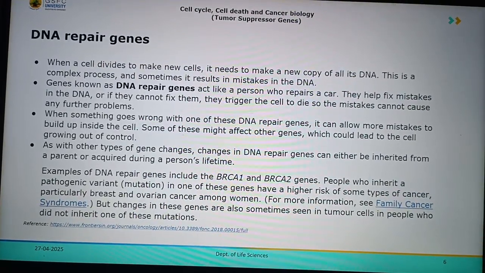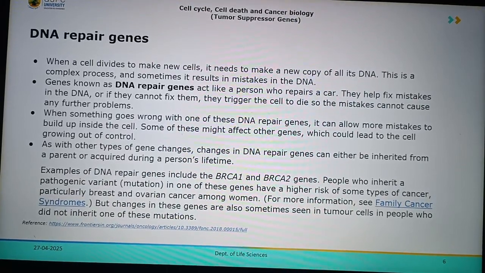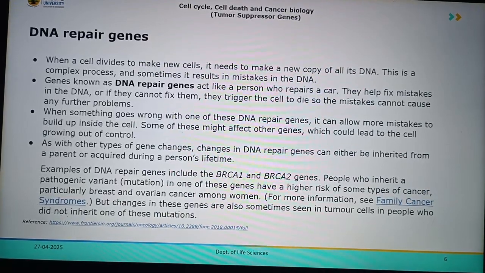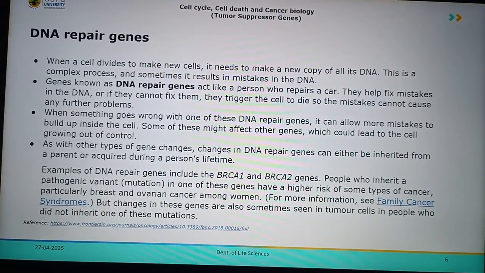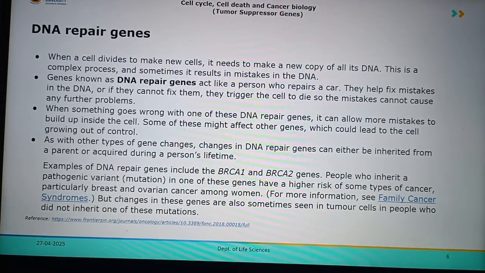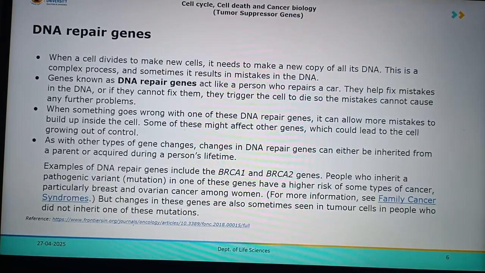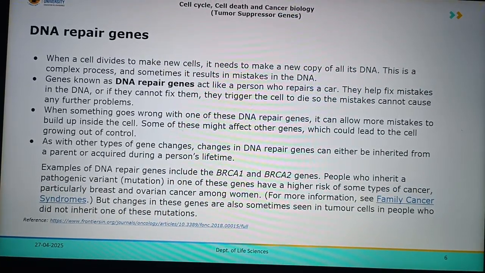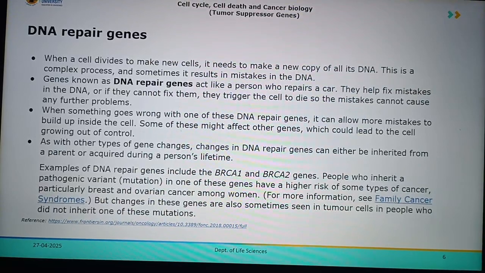As with other types of genes, changes in DNA repair genes can either be inherited or acquired during a person's lifetime. Examples of DNA repair genes include the BRCA1 and BRCA2 genes.